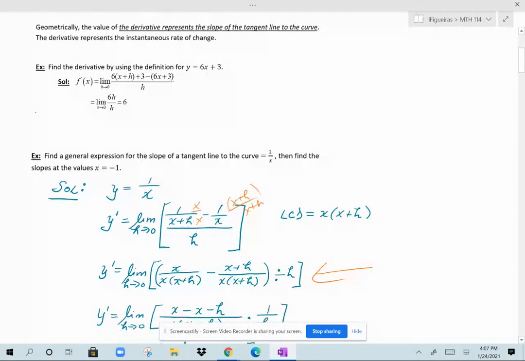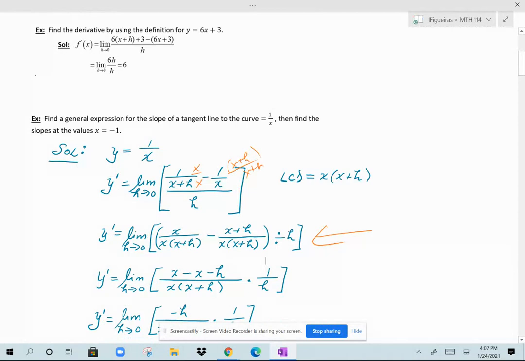So in the next line, because I now have a common denominator here, I distributed this negative and wrote it as a single fraction. So I have x minus, x plus h over the common denominator. And I also rewrote division as multiplication and took the reciprocal of the second expression. So it's times 1 over h.